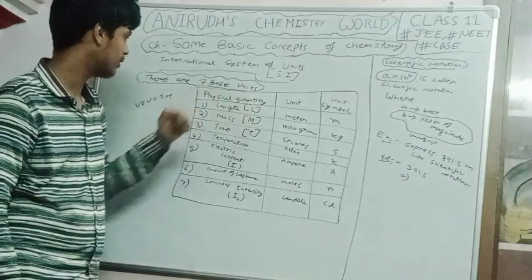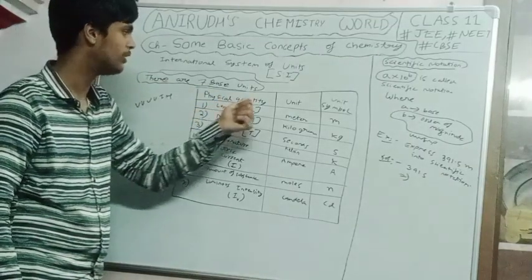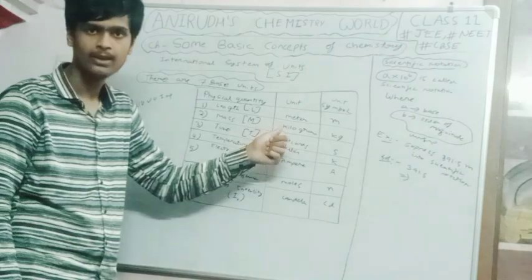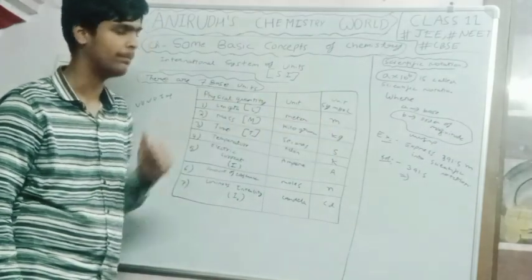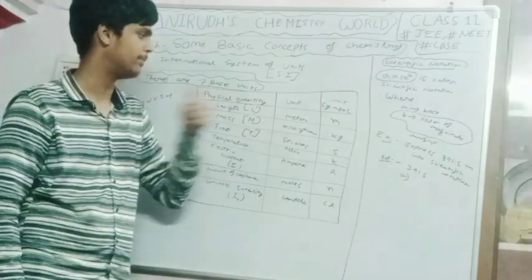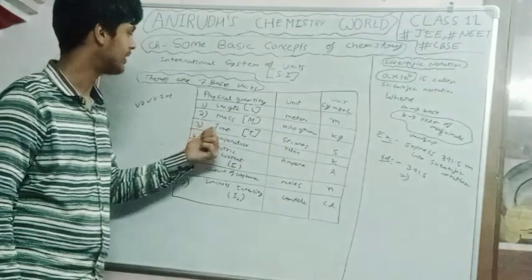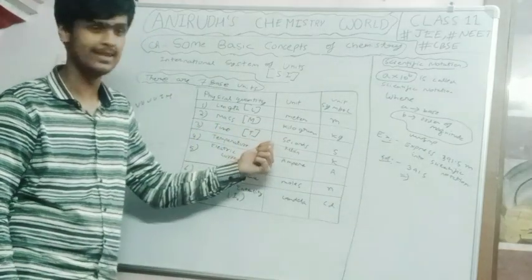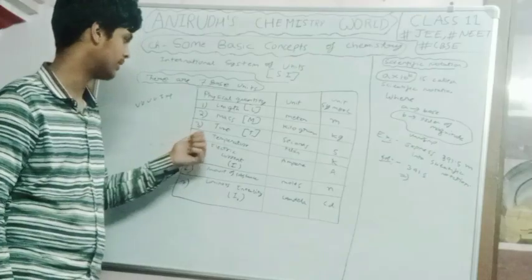The first physical quantity is length. For length, the unit is meter, represented by m. Mass, its unit is kilogram, represented by kg. Time, its SI unit is second, represented by s.